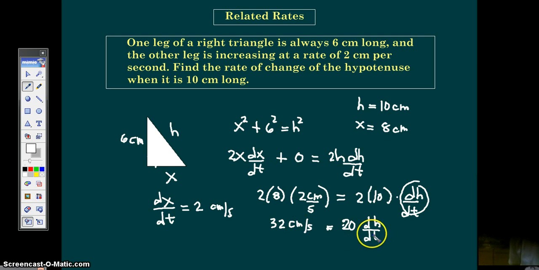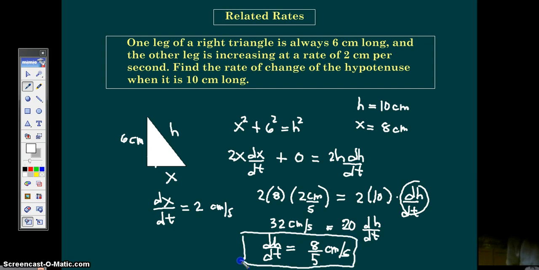Now solving for dh over dt, which is the rate of change of the hypotenuse with respect to time, we get 32 over 20, which simplified is 8 over 5 centimeters per second. Done. Now let's go to the next problem.